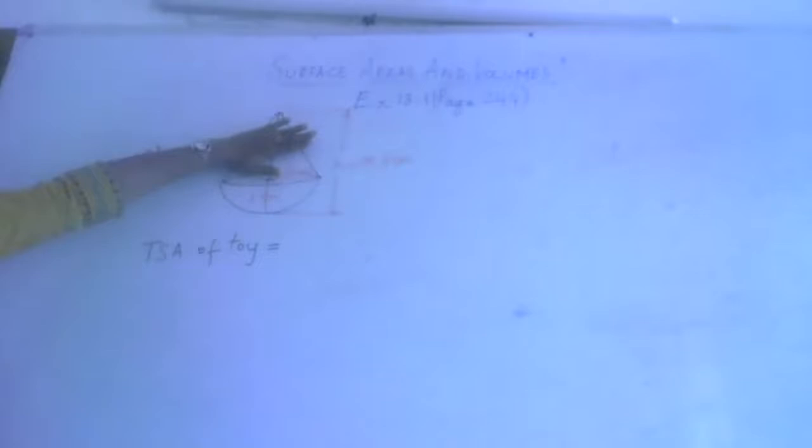The curved surface of the cone, the entire surrounding of the cone, that is the CSA, plus the CSA of the hemisphere. The CSA of the cone and the CSA of the hemisphere will totally make the TSA of the toy. Am I correct?